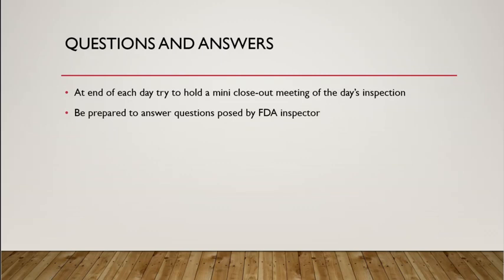You can expect questions and answers from the inspector in an inspection. So at the end of each day, I recommend that you hold a mini closeout meeting of the day's inspection and be prepared to answer questions posed by the inspector. And then you want to document the FDA's questions and requests and make notes of whatever documents and materials were reviewed or samples taken.